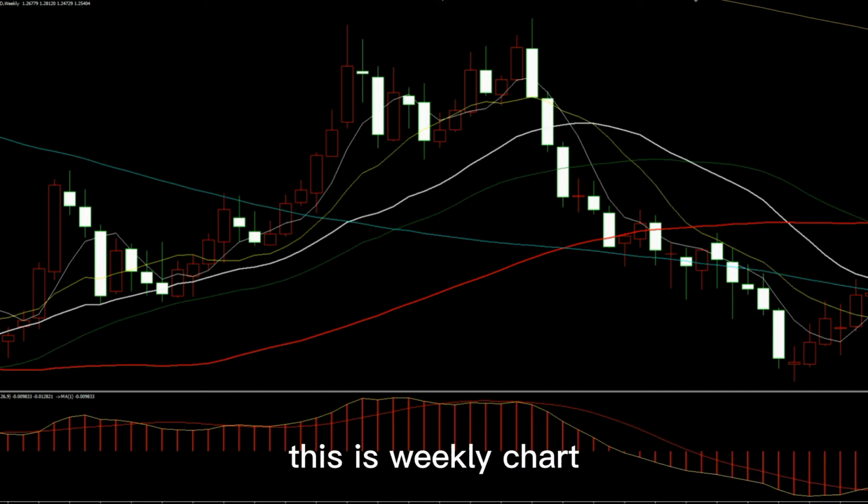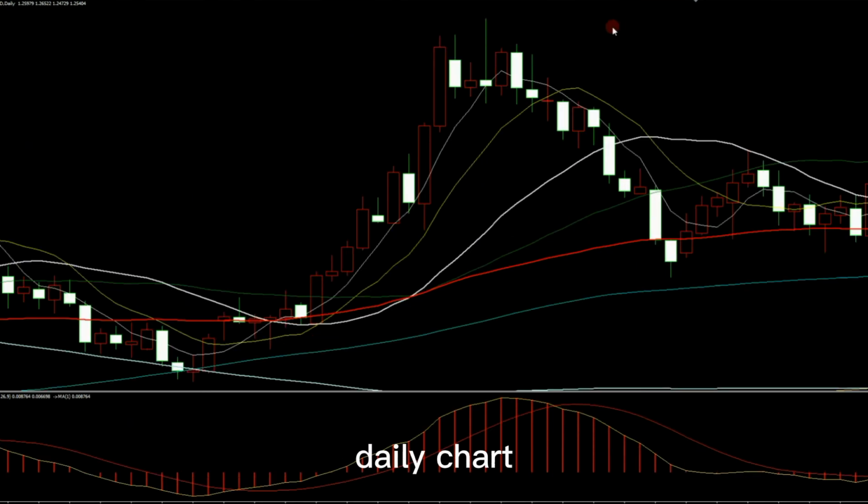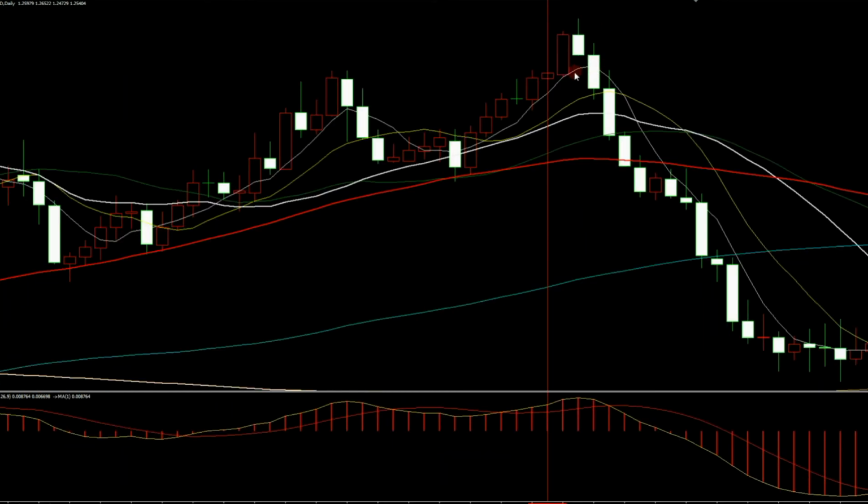This is the weekly chart. Let's have a look at the daily chart. At this position, an inverted inline appears.